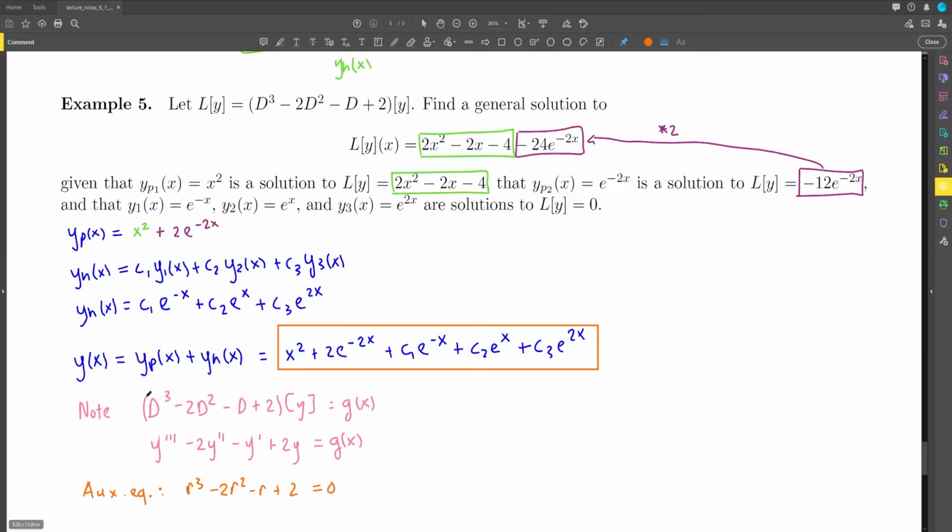So what you should note there is that if we have the differential operator form, we basically get the auxiliary equation for free, right? The d cubed becomes an r cubed, the d squared becomes an r squared, the d becomes an r, and then the constant stays a constant. So keep that in mind for the next few videos in this chapter.